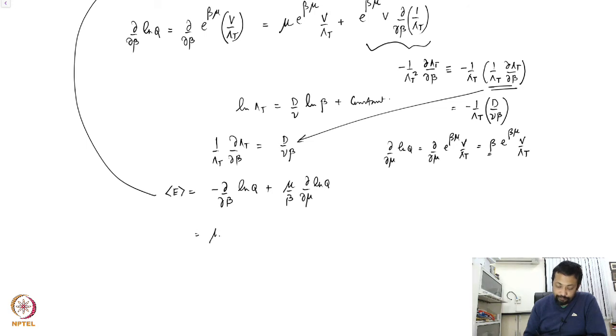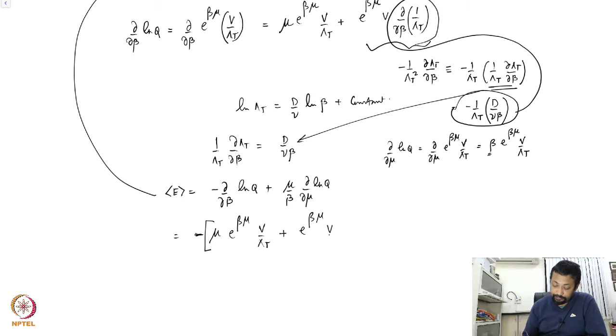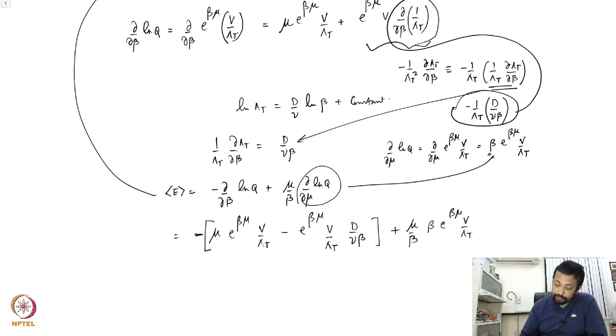So therefore you have mu e to the power beta mu V over lambda_t plus e to the power beta mu V. There is a minus sign outside, so we have to take care of this. We'll use this term and put back the derivative, so that V over lambda_t, there is a minus sign, so the plus becomes a minus, and then I have d over nu times beta plus mu over beta, and this derivative comes from over here, beta e to the power beta mu V over lambda_t.